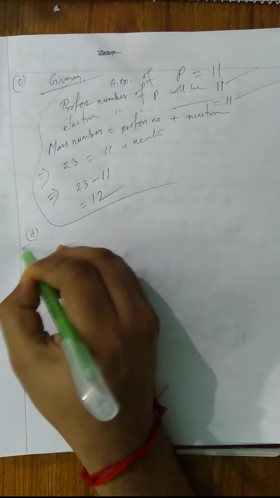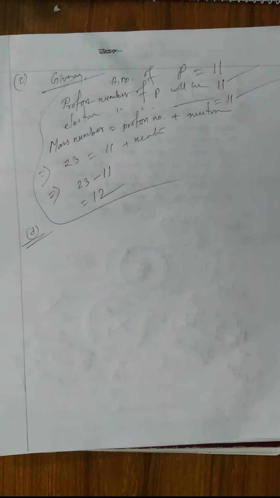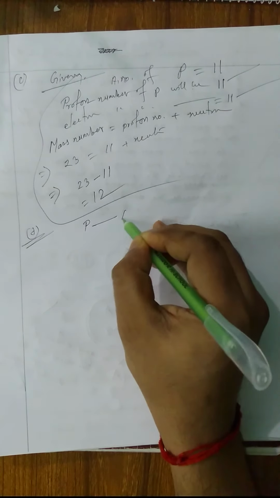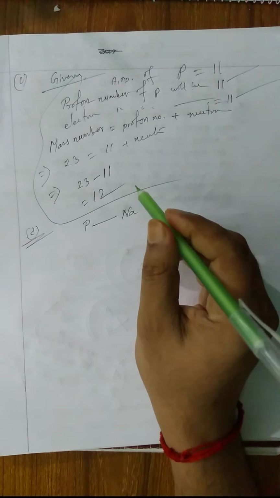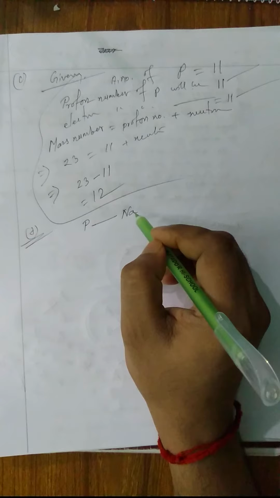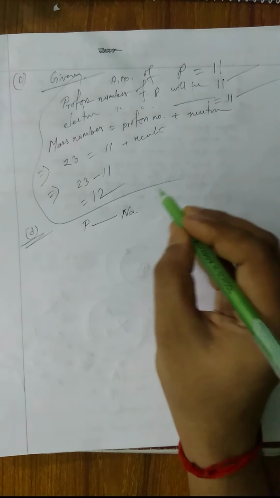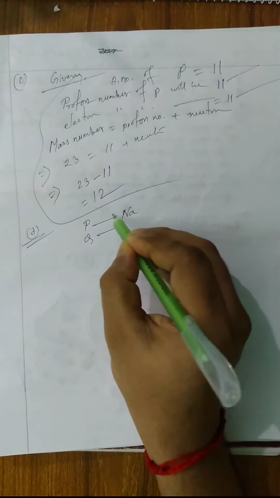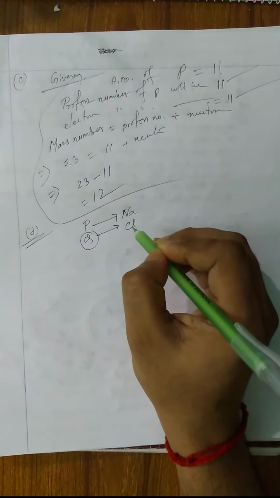Next, question number D. Describe the formation of the PQ compound with equation. So the P element is sodium, because the atomic number of P is 11, and the Q element is chlorine, because its atomic number is 17.